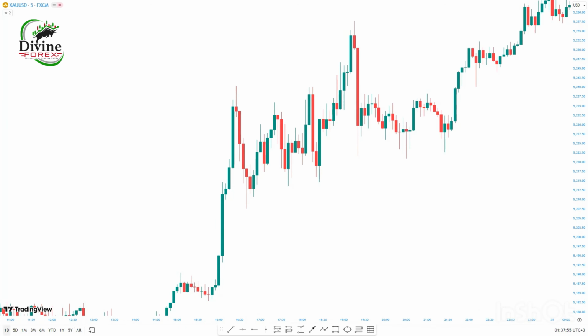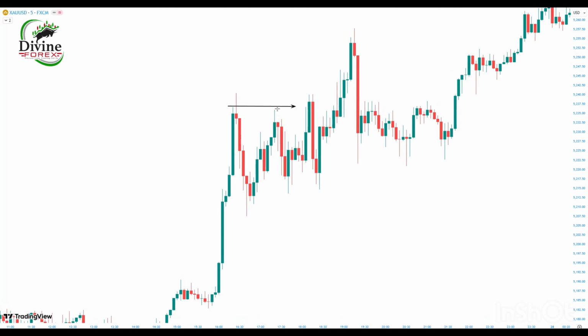So this candle clearly creates a resistance level, because we know that a resistance level is a level where there is a presence of sellers. After the creation of this opposite candle, a bearish pin bar, in future the market can come and test this level again and try to push to the bottom.